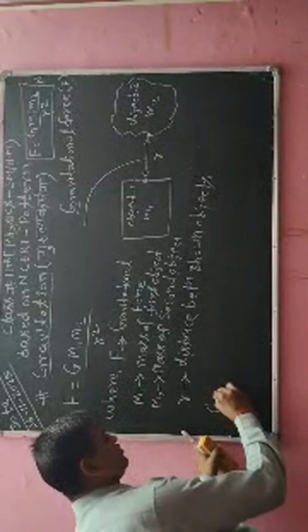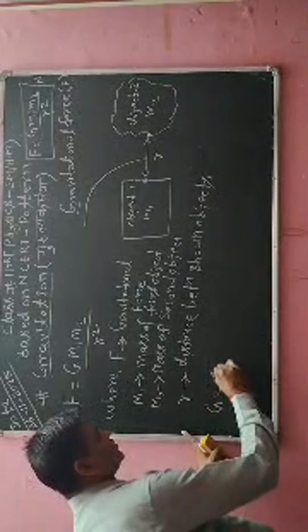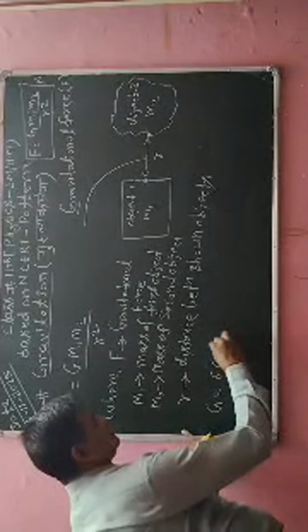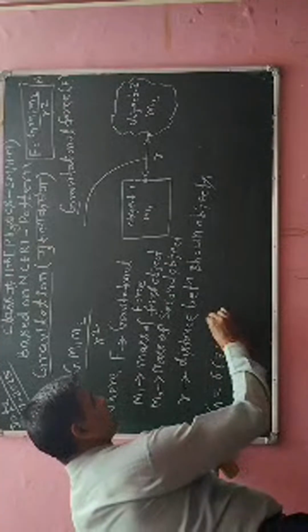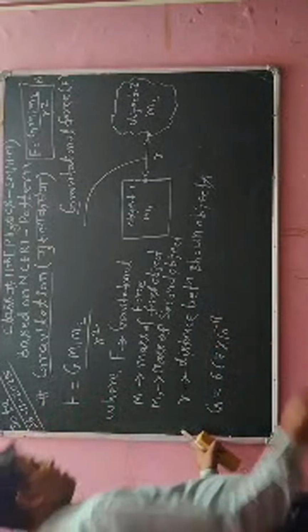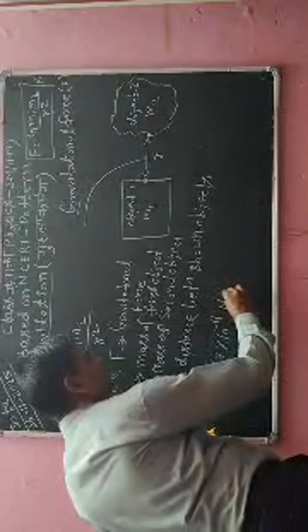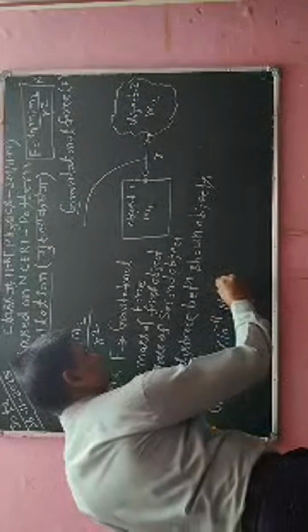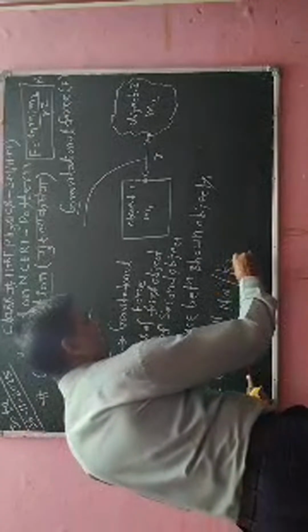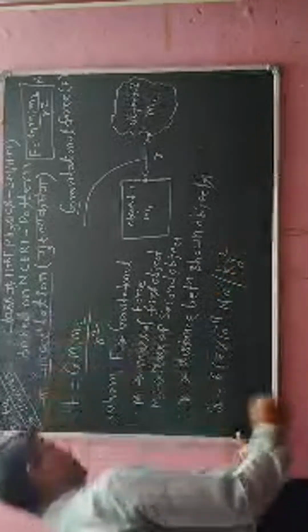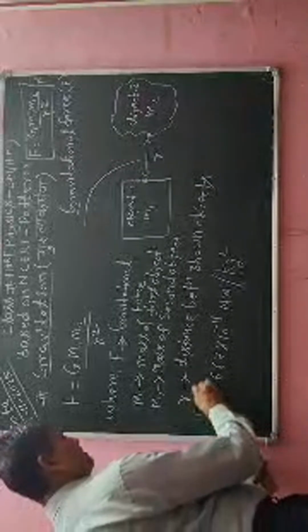Its value will be 6.67 into 10 to the power minus 11 Newton meter square divided by kg square. I have to remember it positively.